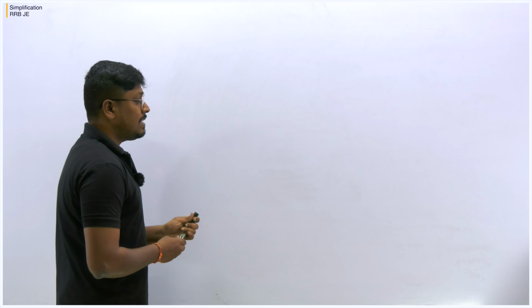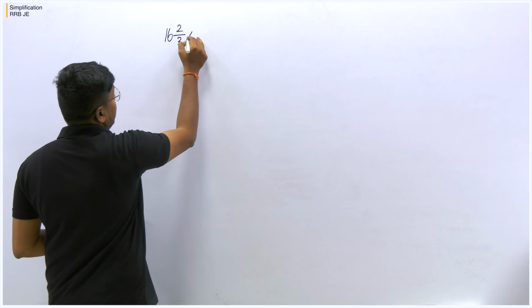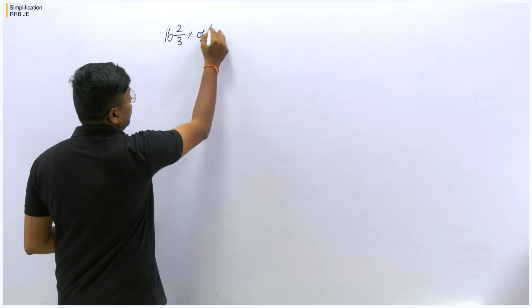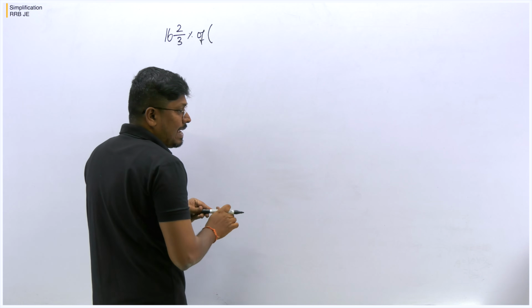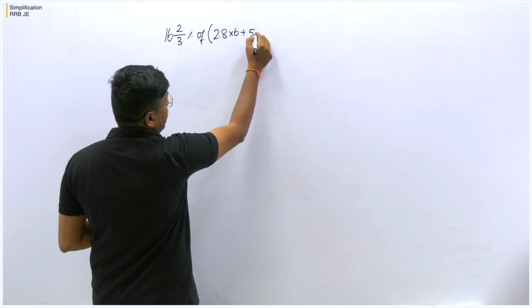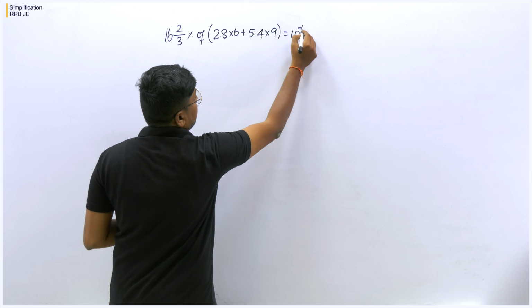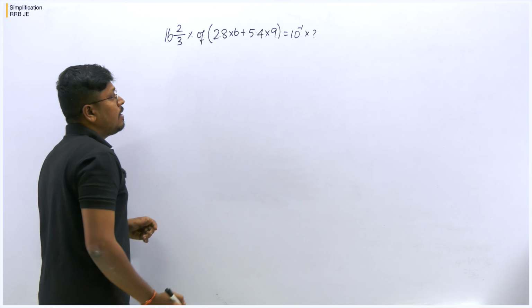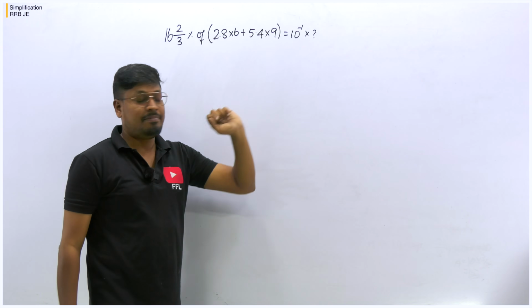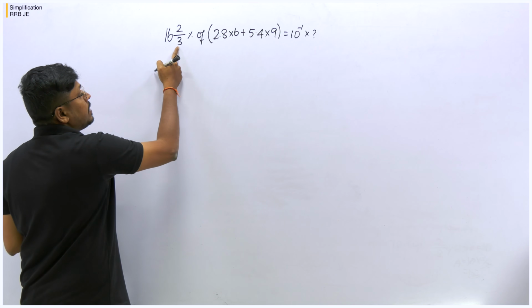So next question, 16 2 by 3 percentage of 50, 2.8 into 6 plus 5.4 into 9 is equal to 10 power minus 1 into question mark. So again we have one number with power of minus, right? Now 16 into 3 is 48.